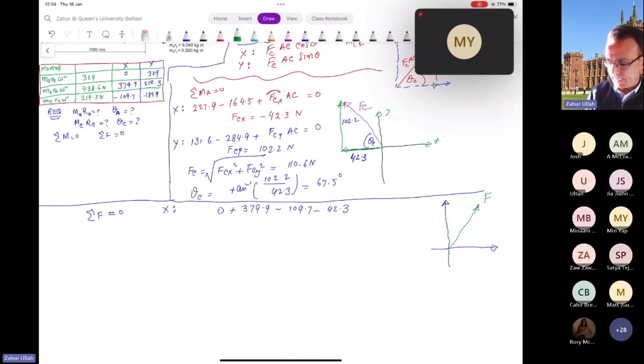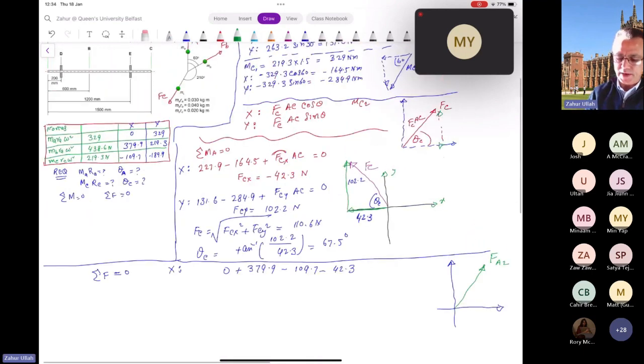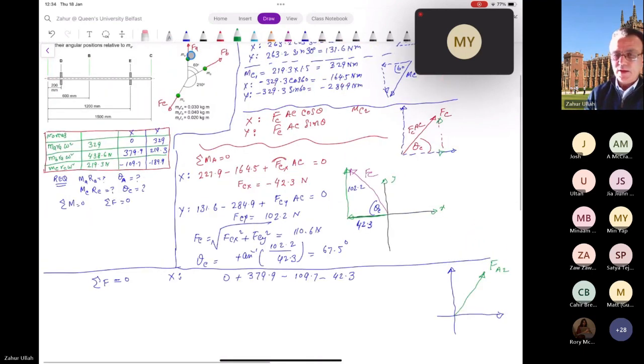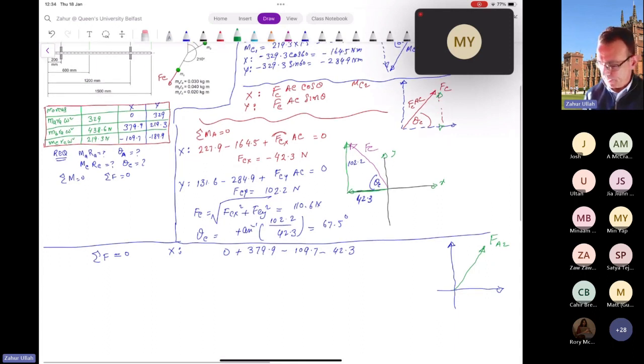So you can say that it is FA2, because we already have one force at A. But now this is an additional force at A, so that's why we can call it FA2, for example.